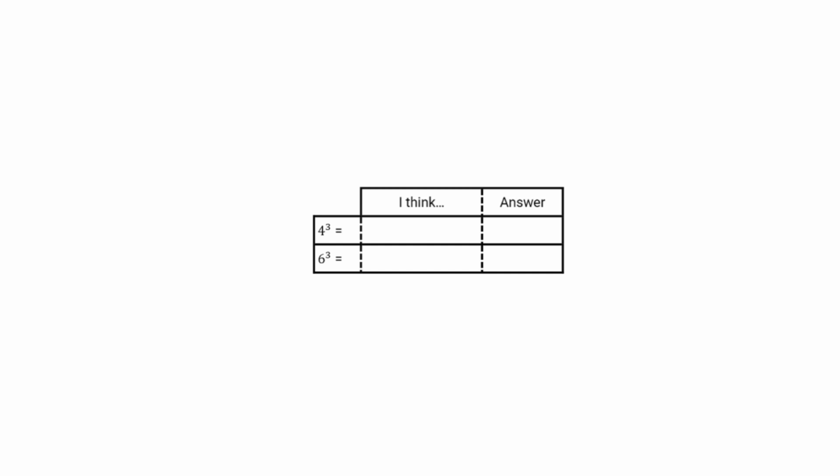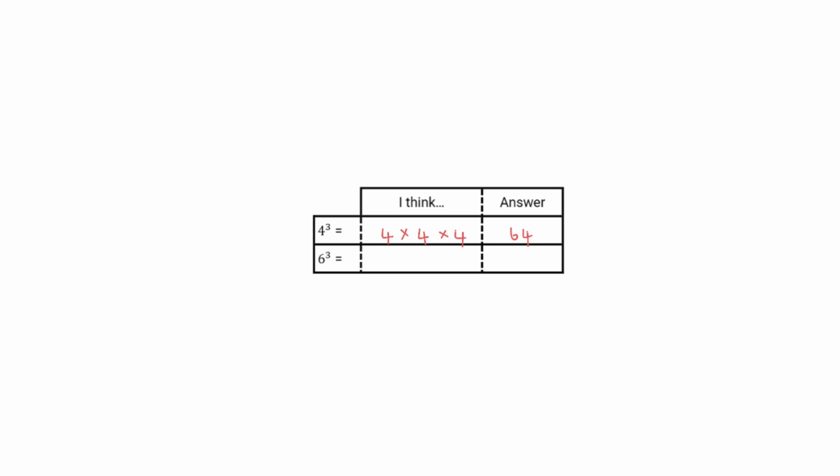If we want to work out 4 cubed, in our mind, we're thinking to ourselves, 4 cubed means 4 times 4 times 4. Remember, it means take 4, multiply it by itself and by itself again. So if we work that out, 4 times 4 is 16, and that times 4 is 64. So our answer to 4 cubed is 64.